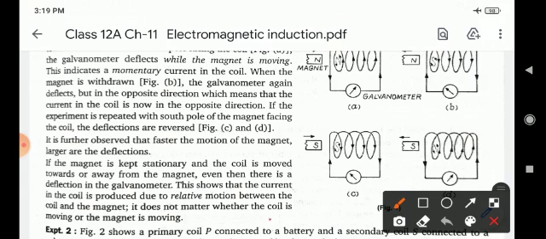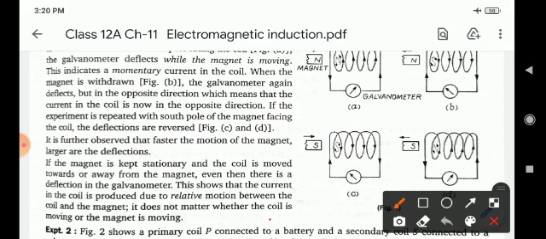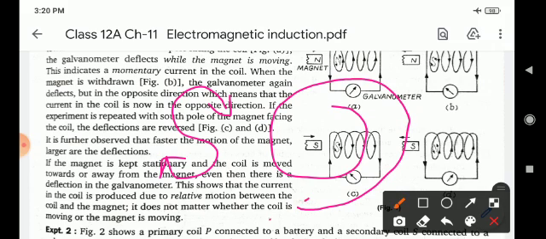Children, if the north pole is towards the circuit, then the direction is anti-clockwise. If the north pole is away from the coil, then it behaves as a south pole, and the direction is clockwise.